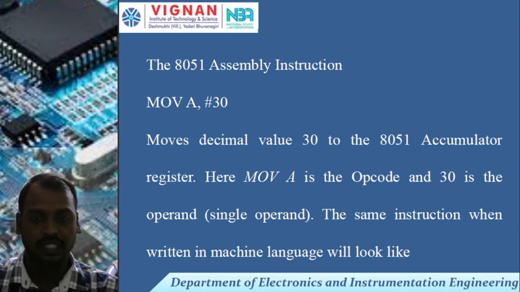The same instruction when written in machine language looks like this. The user can understand mnemonics only, like move a comma hash 30 or move b comma hash 20, but how the machine understands it we will see on the next slide.